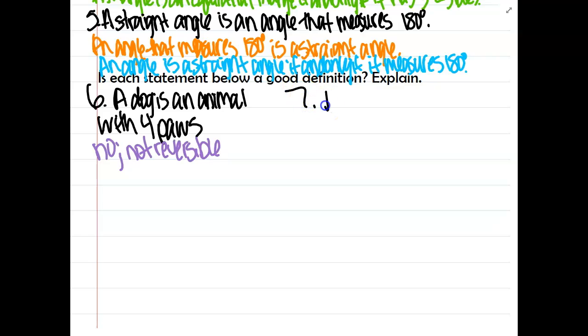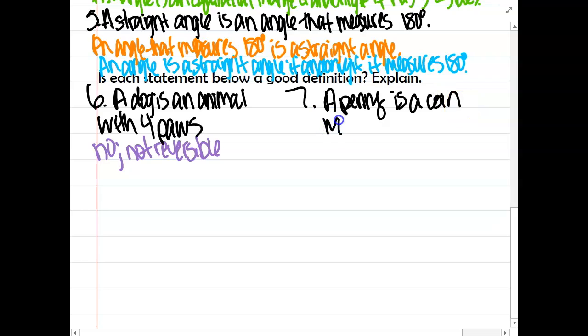And last one. A penny is a coin worth 1 cent. Okay, clearly understood terms. Yeah. Precise.